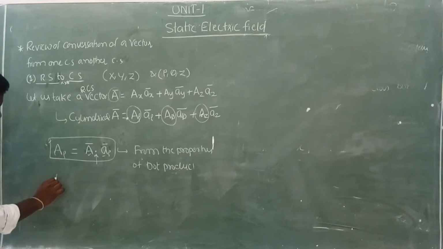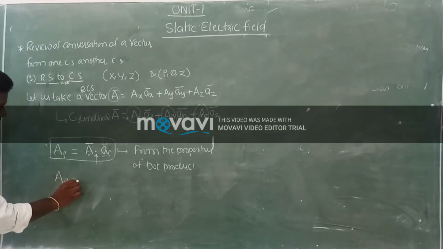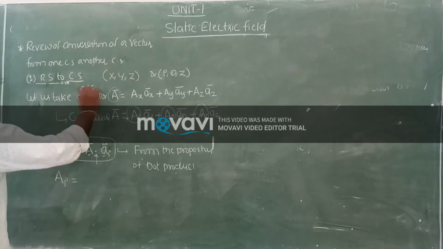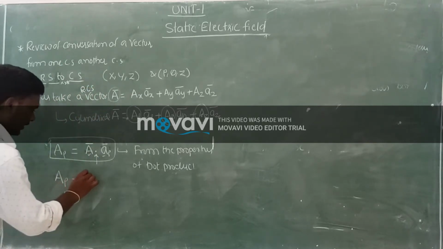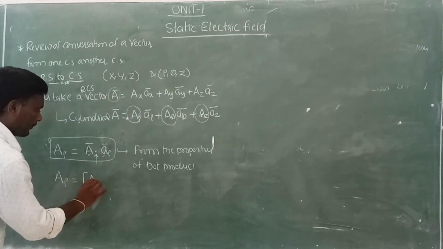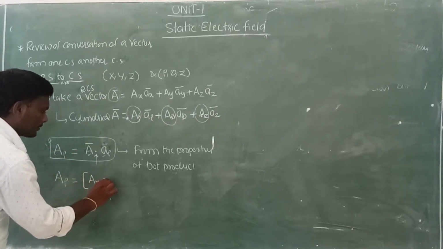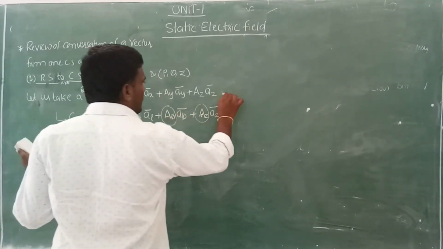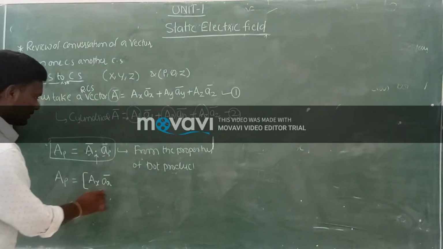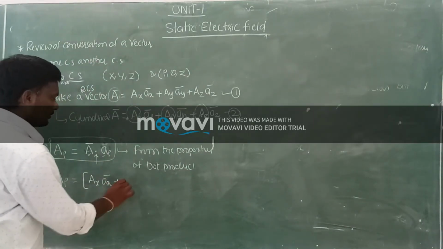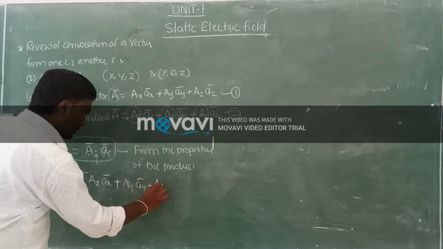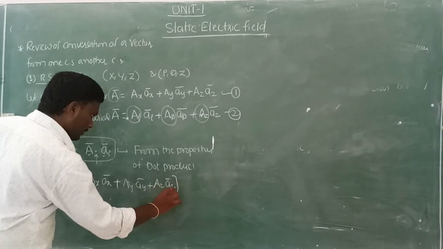Now in the next step, I am calculating a rho, which equals a bar in the rectangular coordinate system, that is ax bar plus ay bar plus az bar, dotted with a rho bar.